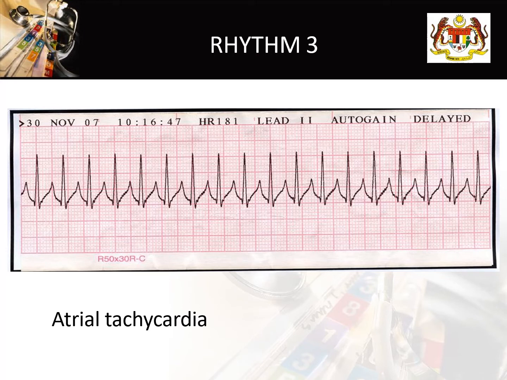It is characterized by sinus tachycardia and a narrow QRS complex, less than 0.12 second, and sometimes the tachycardia is so fast that we cannot see the P wave. The P wave is embedded in the T wave. Okay, this is supraventricular tachycardia.